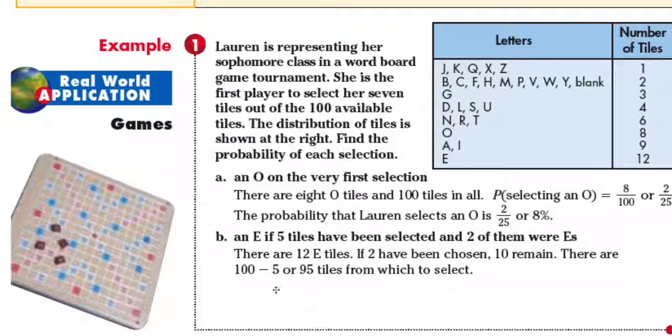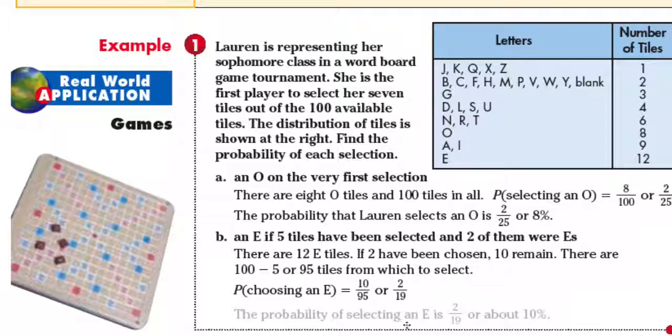Therefore, the probability of choosing an E is 10 over 95, 10 being the E tiles that remain in the pile, and 95 being the total number of tiles to select from. Simplifying 10 over 95, it becomes 2 over 19. So the probability of choosing an E is 2 over 19, or about 10%.